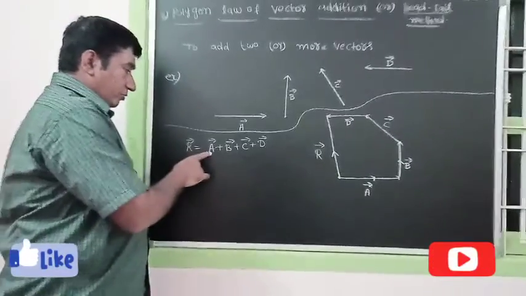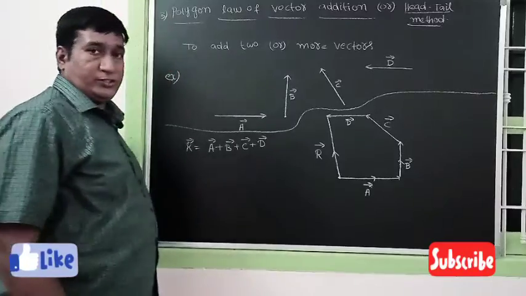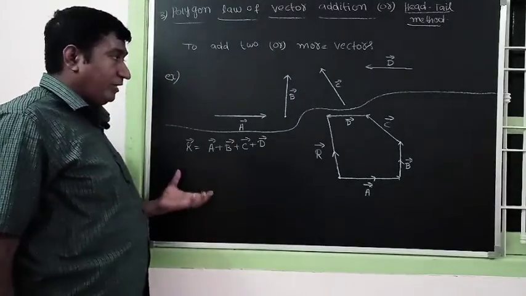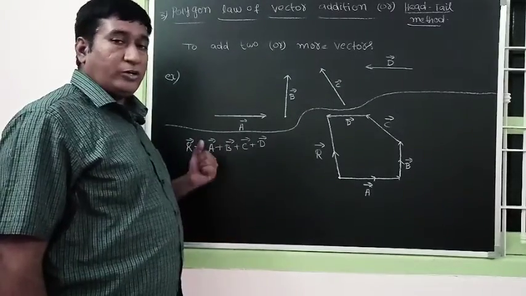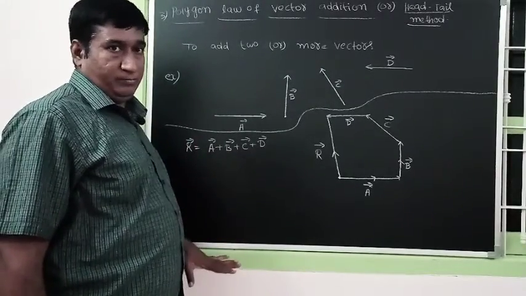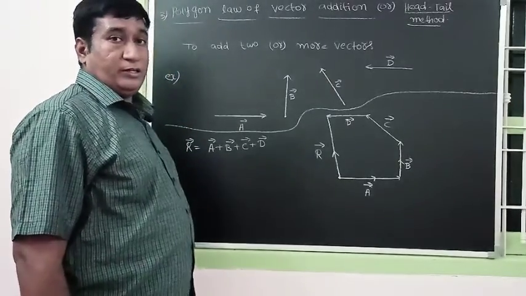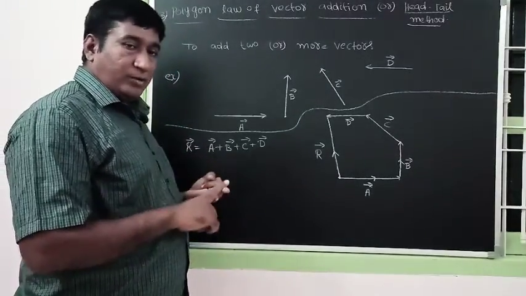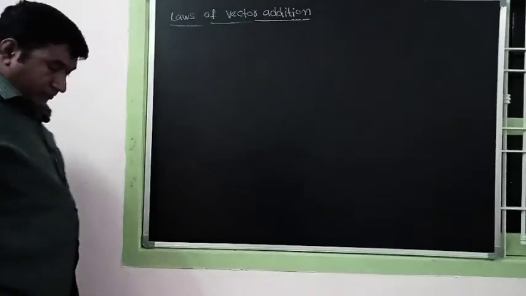R vector is equal to A vector plus B vector plus C vector plus D vector. This we have represented in terms of the graphical method only, not the analytical method. Based on this, you can explain the triangle law, parallelogram law and polygon law of vector additions.